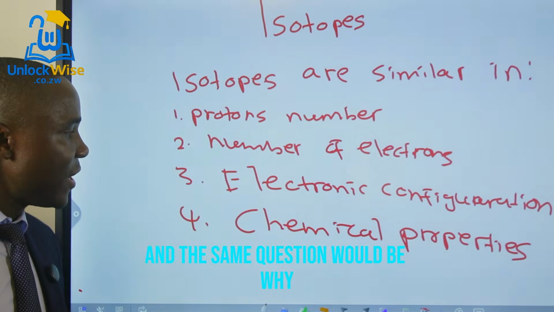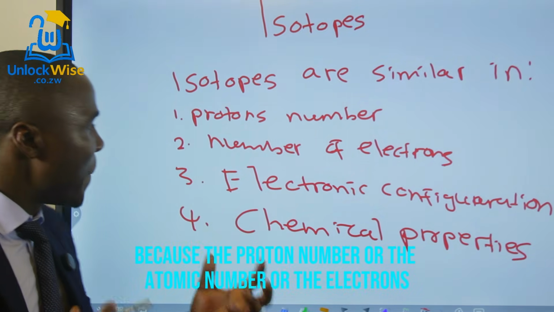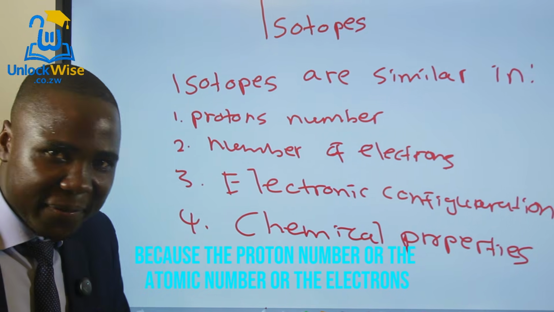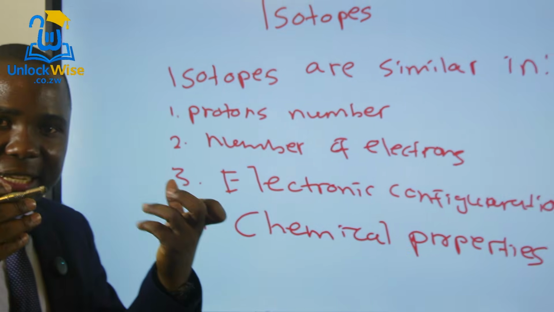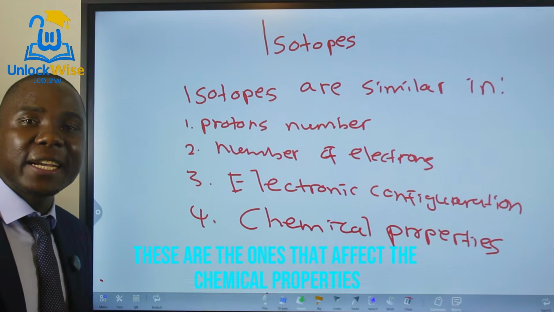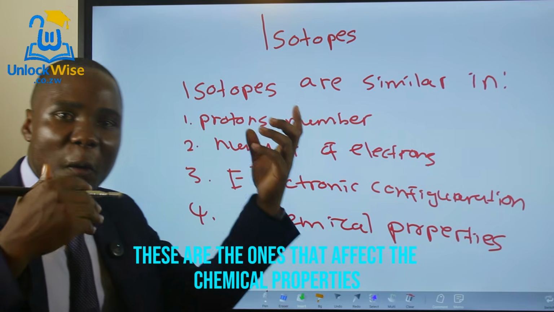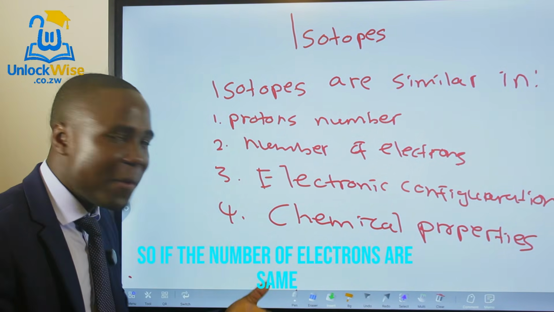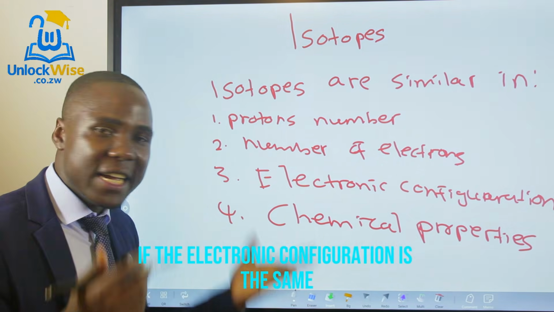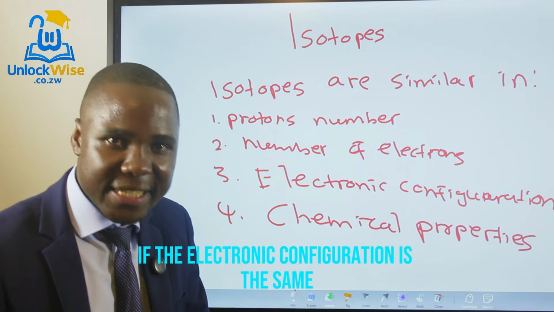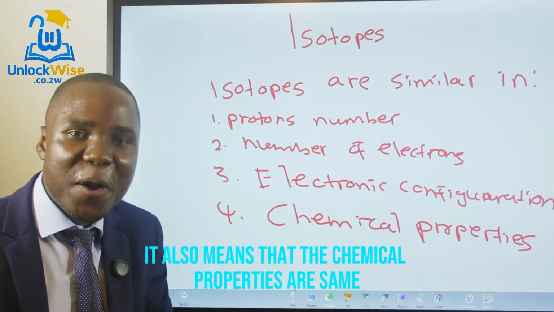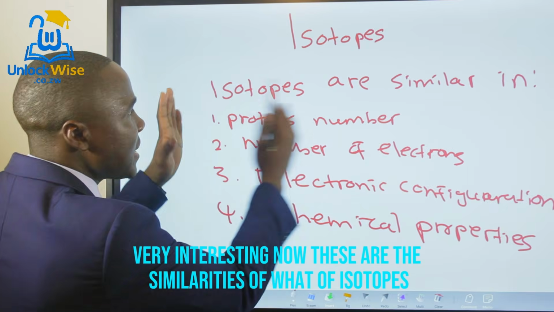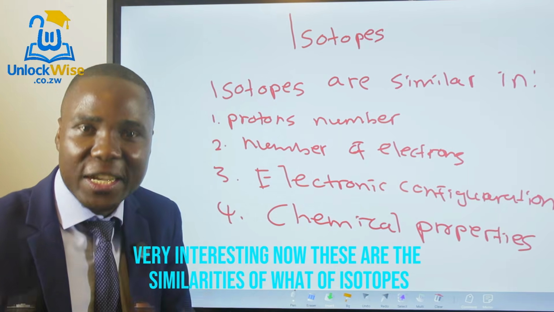And the same question will be why? Because the proton number or the atomic number or the electrons, these are the ones that affect the chemical properties or the chemical reactions of an atom. So if the number of electrons are the same, if the electronic configuration is the same, it also means that the chemical properties are the same. Very interesting. Now, these are the similarities of isotopes.